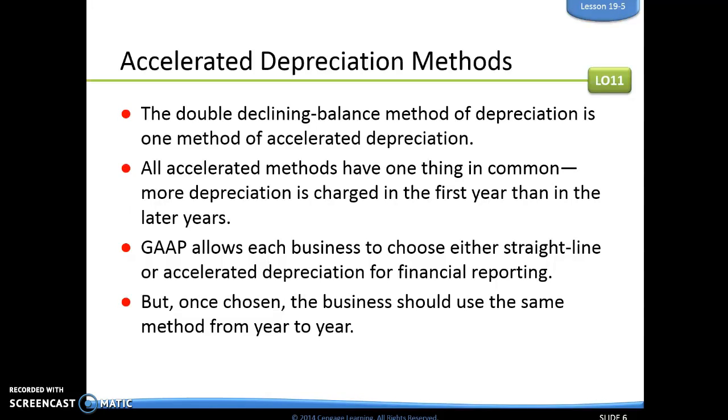GAAP, generally accepted accounting principles, allows each business to choose either straight line or accelerated depreciation for financial reporting. But once they choose, that business needs to use the same method from year to year.